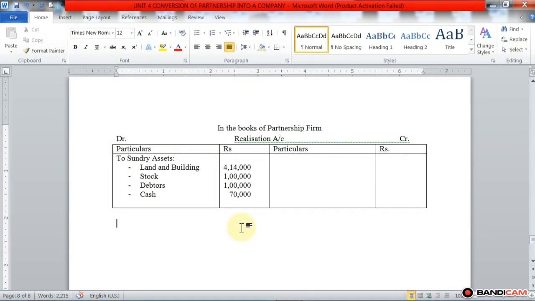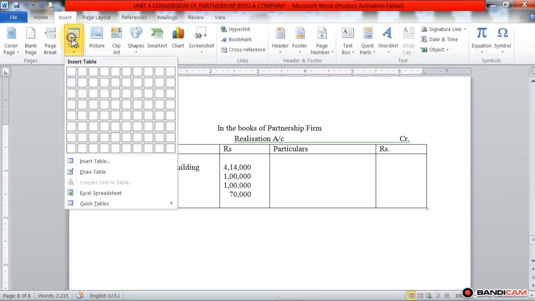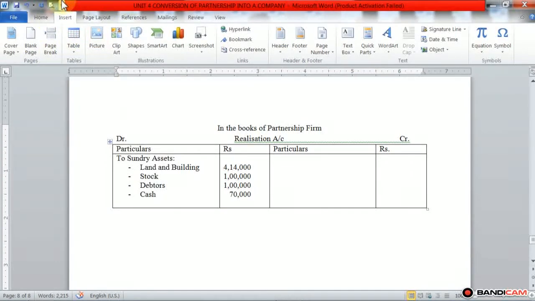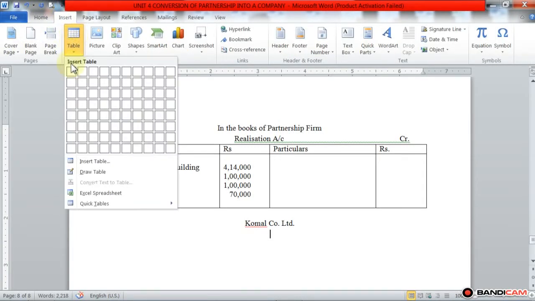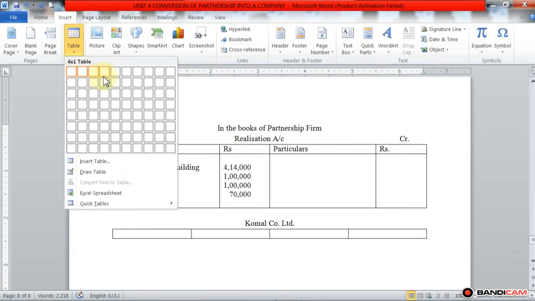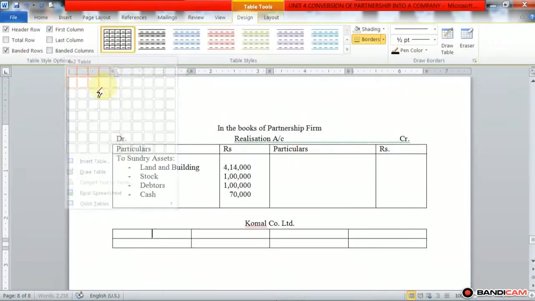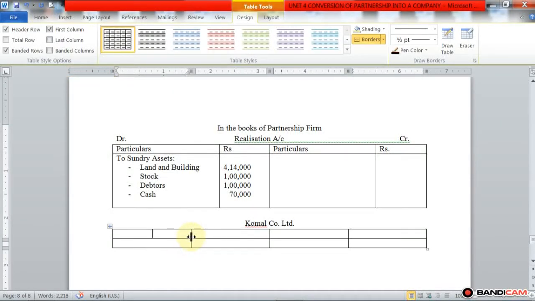So here prepare another account, that is Komal Company Limited. Prepare a 4 column, particulars, rupees.